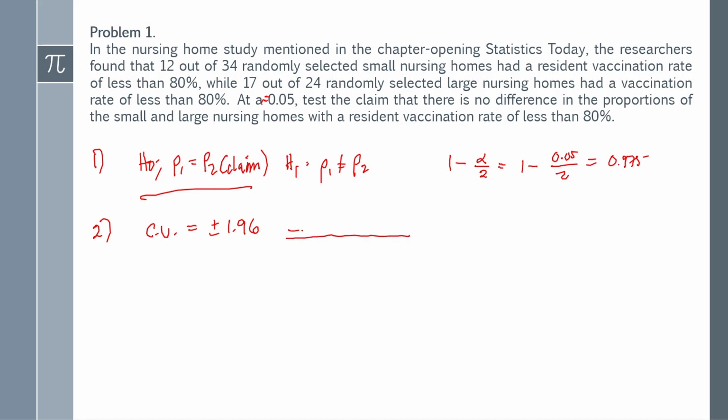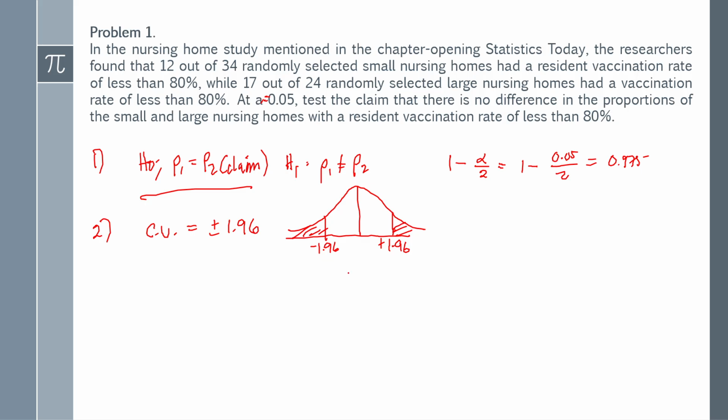So this one is negative 1.96, and here also this is positive 1.96. So the critical value is 1.96.